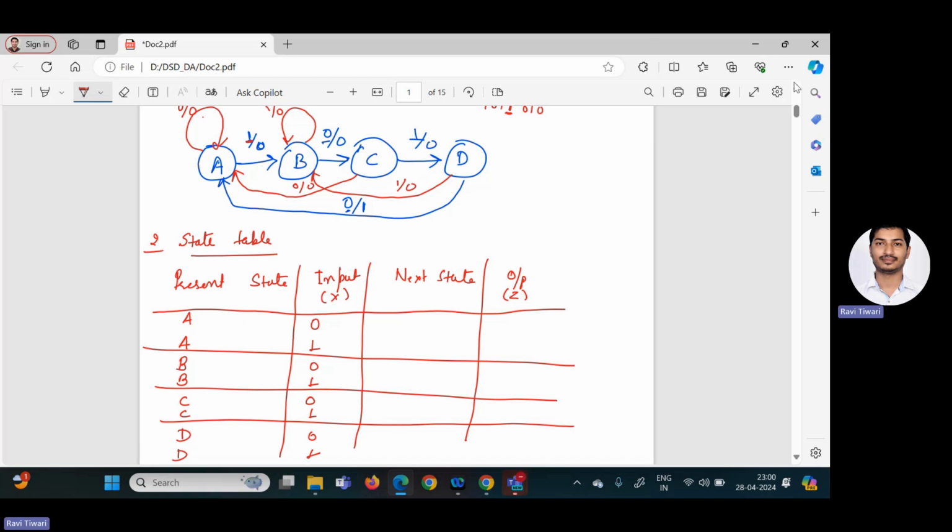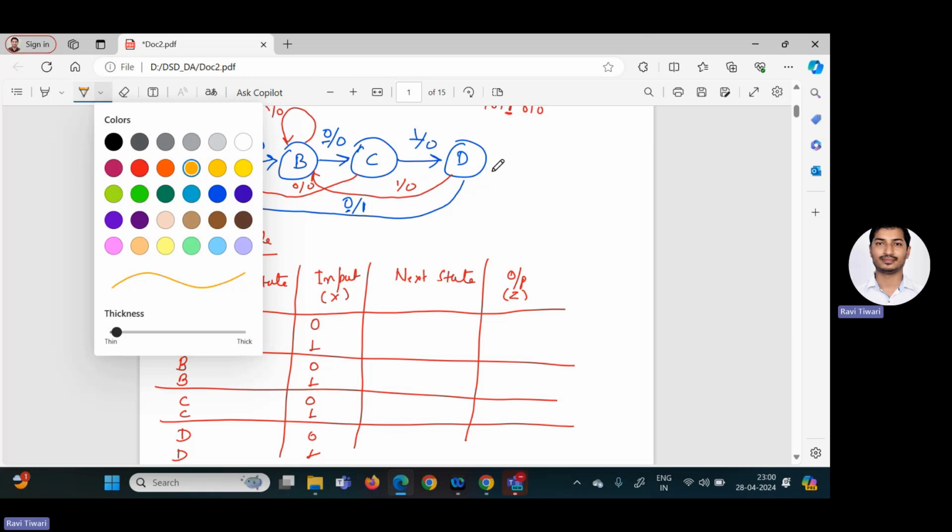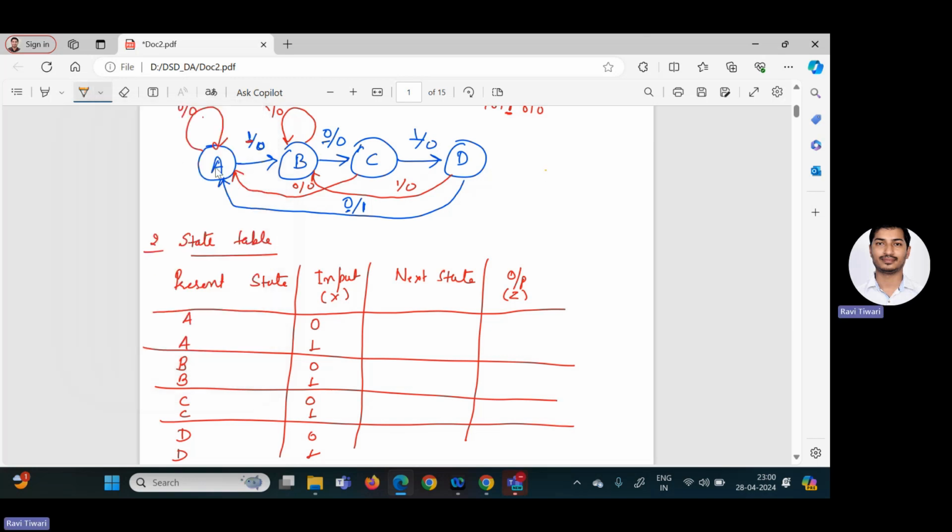If you are in state A and you get 0 as an input, the next state will also be A only.